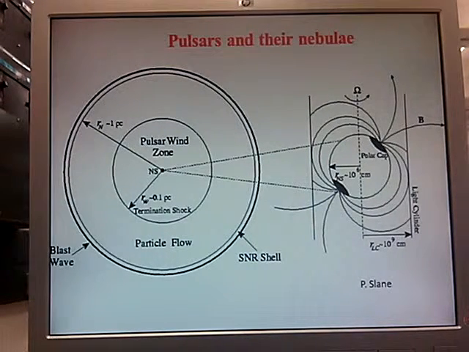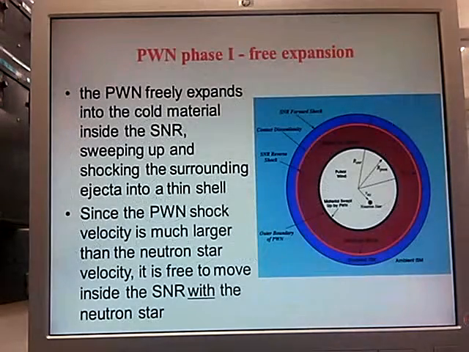Well, what else can we say about this? There's going to be an evolution of that pulsar wind nebula. Now initially, all we're doing is our neutron star is sitting at the center of this supernova remnant. That supernova shock is propagating outward. It's well removed from everything that's going on with this pulsar.